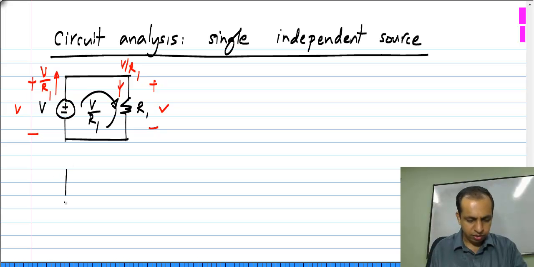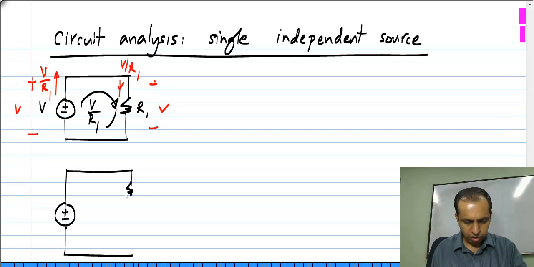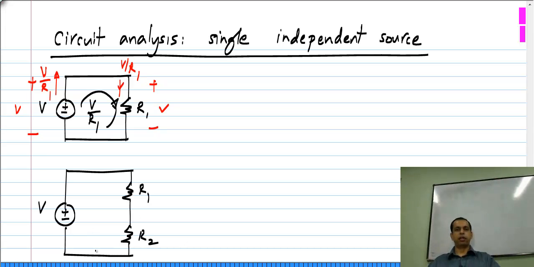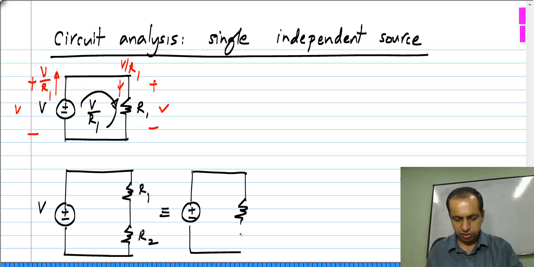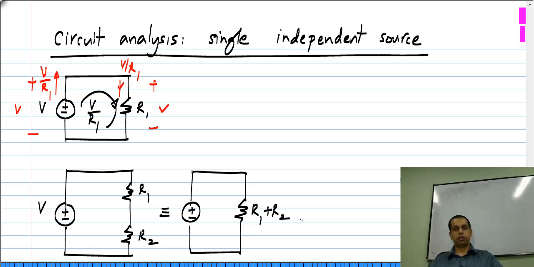Now, let us say we had something like this. We have a voltage V connected to a series combination of resistors R1 and R2. And again, by reducing the series combination of resistors into a single resistor, you know that this is the same as that, a single resistor R1 plus R2.